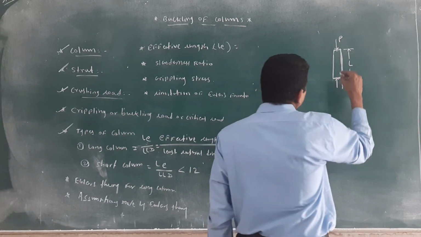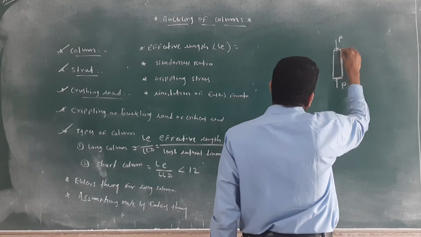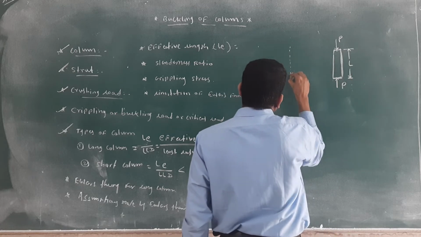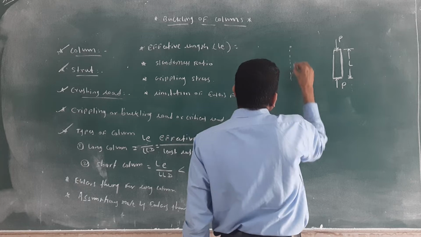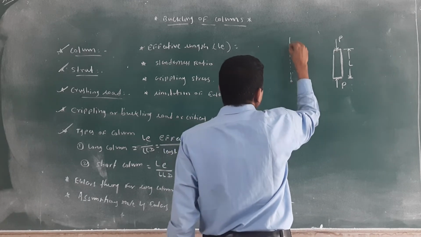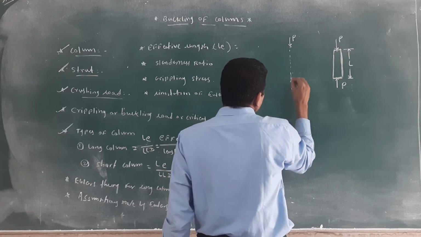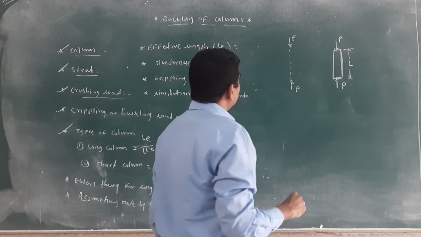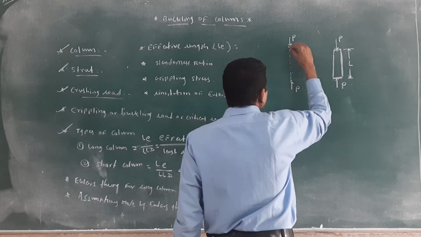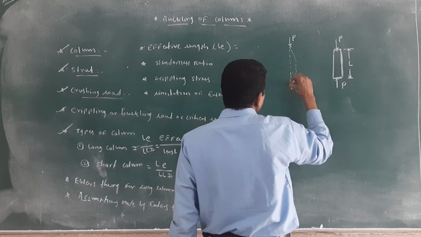When you apply some load on this column, let me give one example. Suppose both sides are hinged, and we apply a compressive load P at both ends. Then this column will bend from its original position in this way.